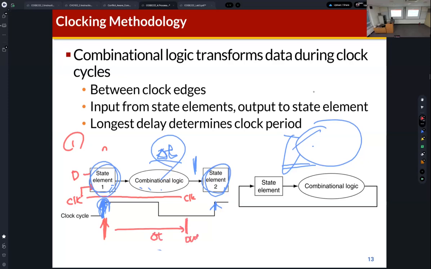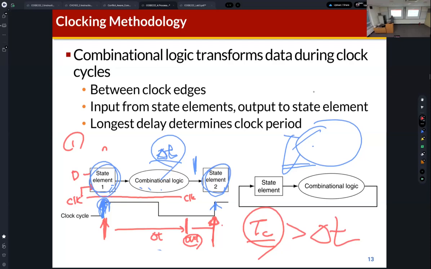This is the output, and it is also sampled by the next clock edge. So the clock period TC is to be larger than delta T.